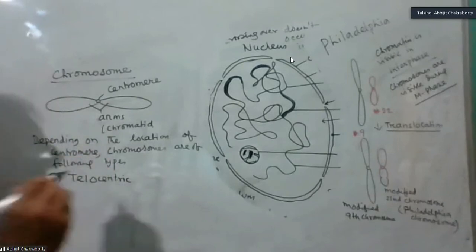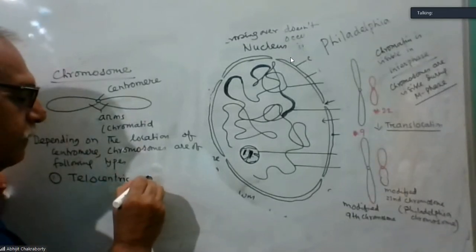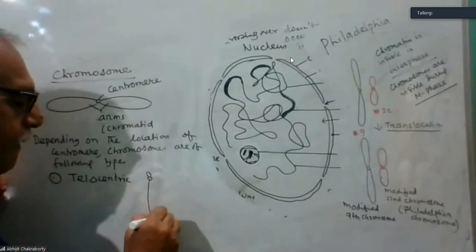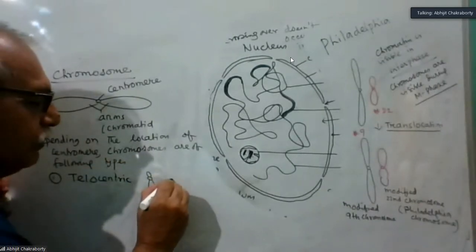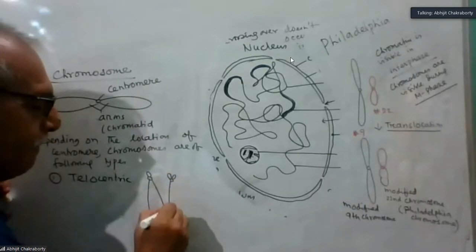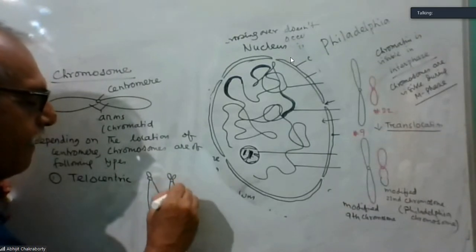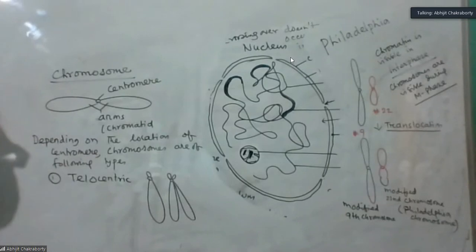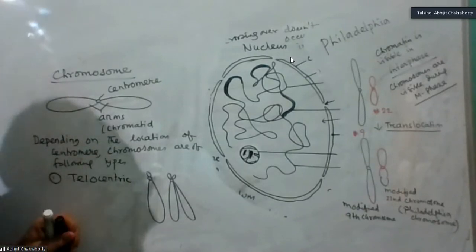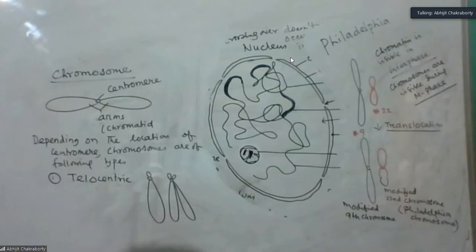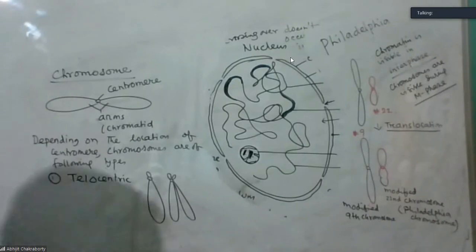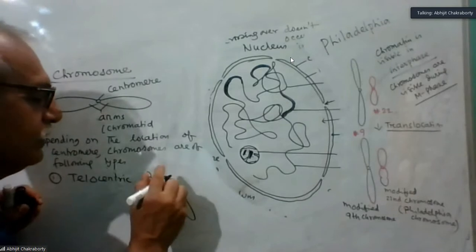telocentric. Or you can draw it in double chromatid. So this is the telocentric. In telocentric, the centromere lies near the end of the chromosome, in the terminal area.